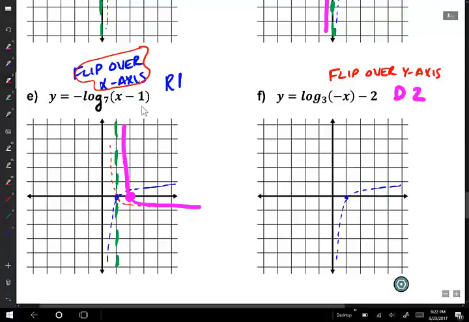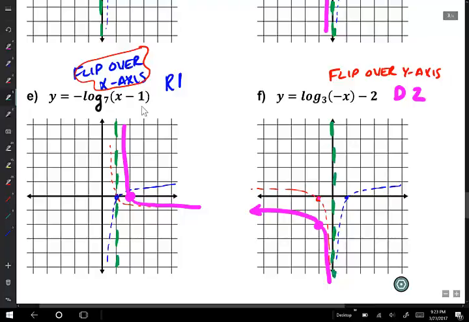So first let's flip it over the y-axis. So here we are flipping over the y-axis with my dotted line, being it's not the real answer. And then my final answer, taking that point, going down to same asymptote. And there we go. Our asymptote is at the vertical line, x equals 0.